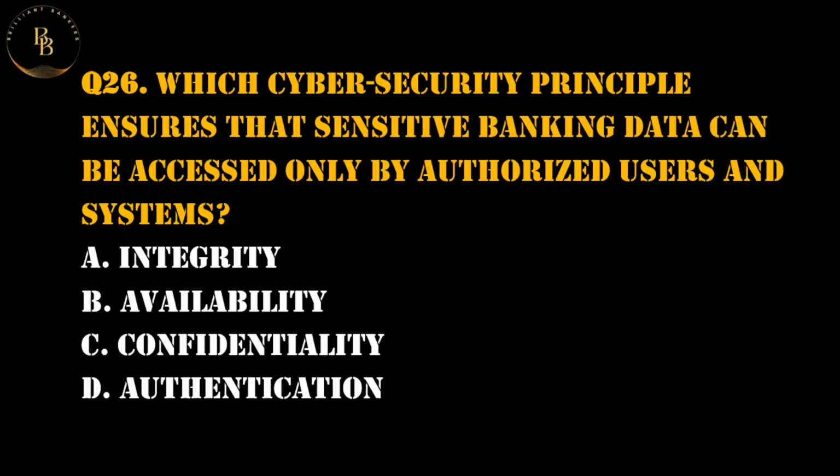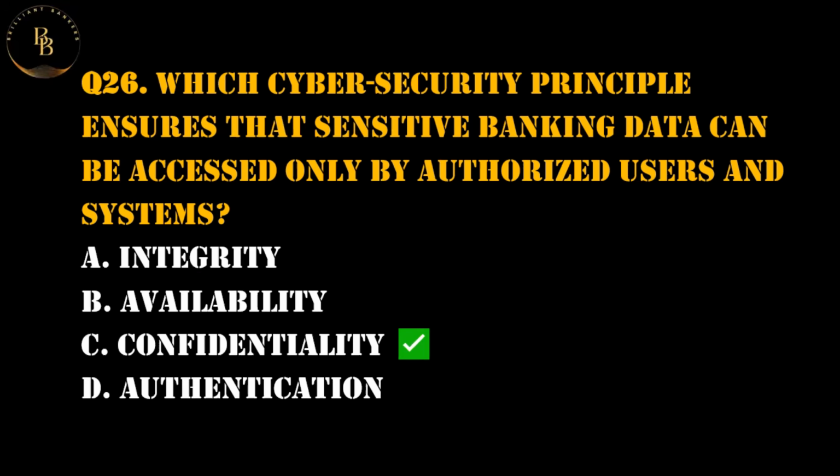It comes in the triad. And the right answer is confidentiality. It protects the information from unauthorized access or disclosure. So banking systems enforce it through encryption, access controls, and secure key management also.